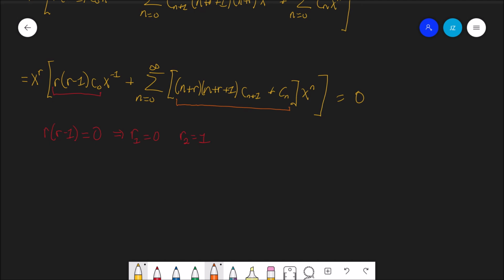To form the recurrence relations, we have n plus r times n plus r plus 1, c sub n plus 1, plus c sub n is equal to 0, and so c sub n plus 1 is equal to negative 1 over n plus r times n plus r plus 1 times c sub n.